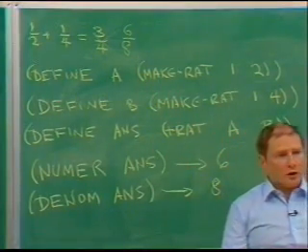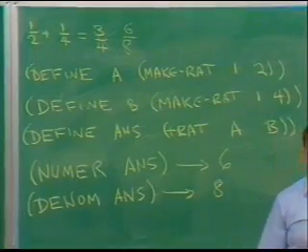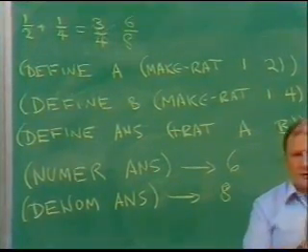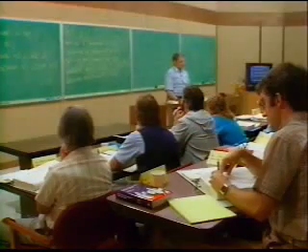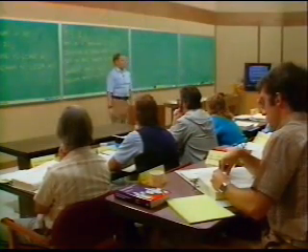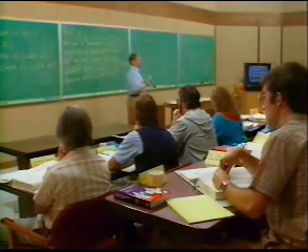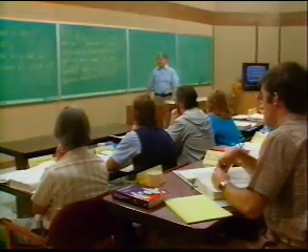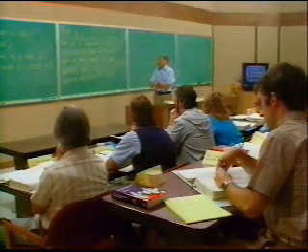So what was wrong with our implementation of plus-rat? What's wrong with that rational number arithmetic stuff that we did before the break? Well, one way to look at it is absolutely nothing's wrong with it. It's a perfectly good implementation. It follows the 5th grade mathematics for adding fractions.